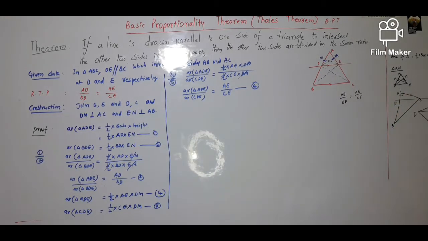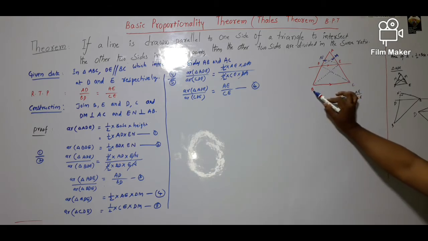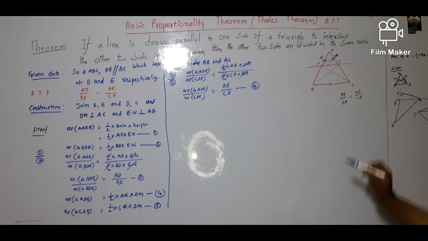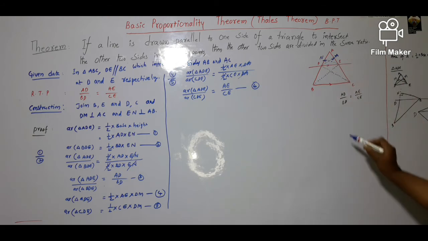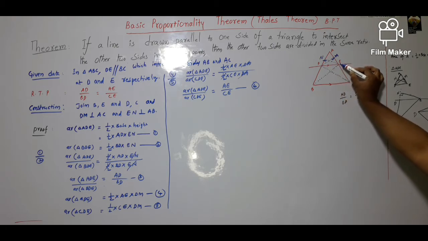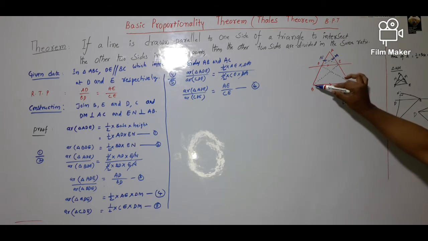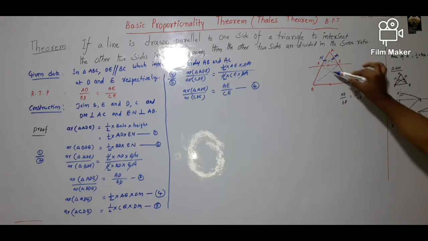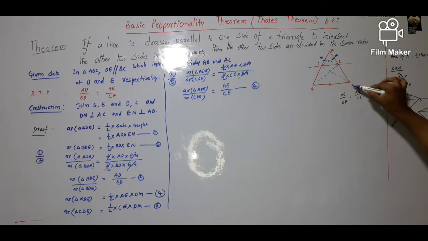Now look carefully at this diagram. Triangle BDE and triangle CDE have the same base DE, and these two triangles lie between the parallel lines BC and DE.